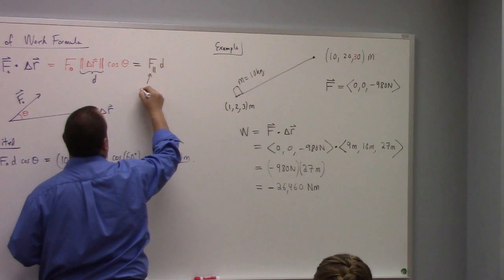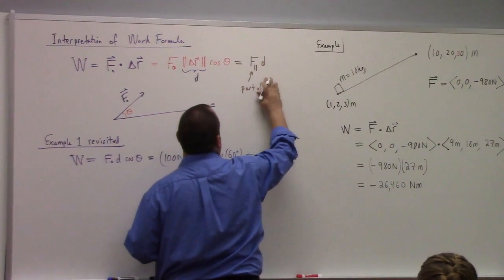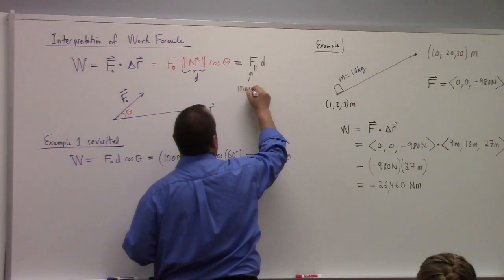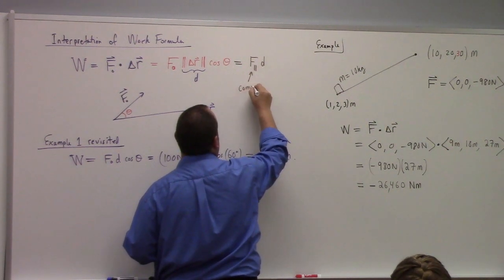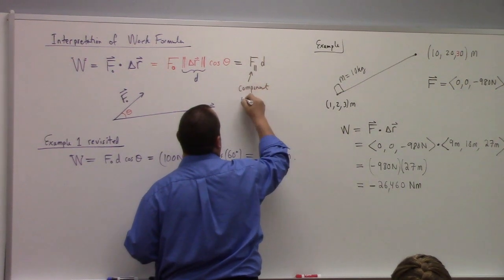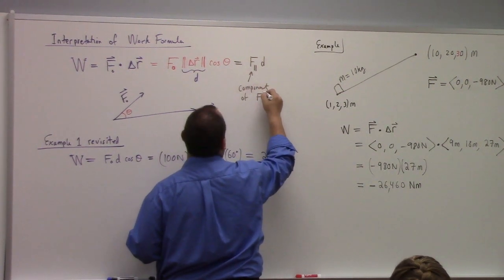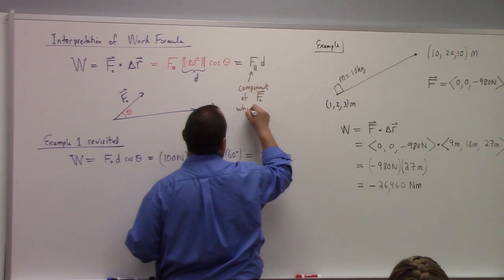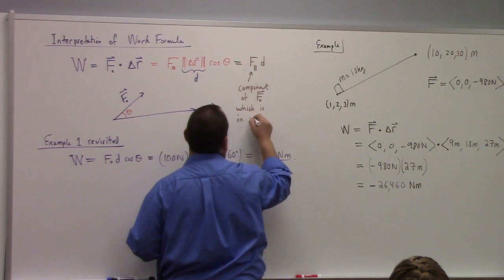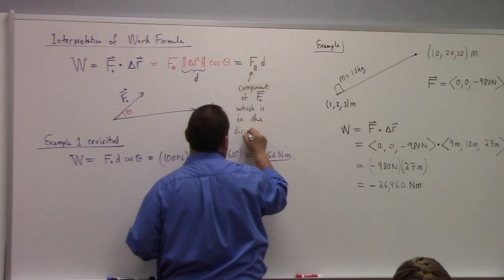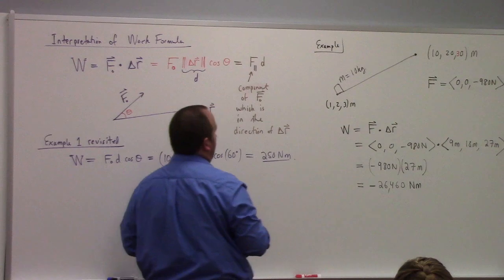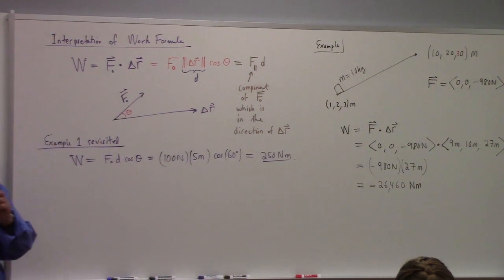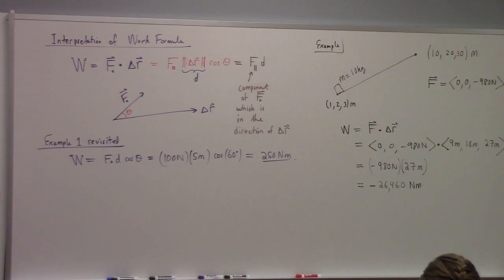It's not the magnitude, it's the component of F naught which is in the direction of the displacement. That's what work is. It's the component of the force times the distance traveled.